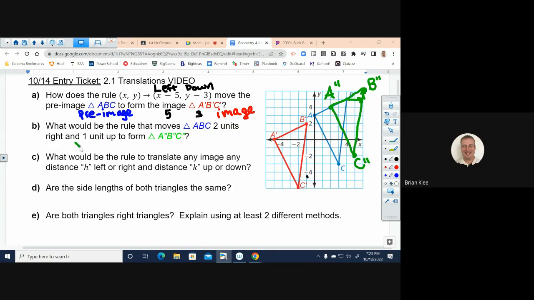So our rule, what happened to all the x's and y's? If I pick any x, y, what's going to have to happen to it? Well, A went from 0, 3 right there, and that's moved right 2, up 1. It's now at 2, 4.